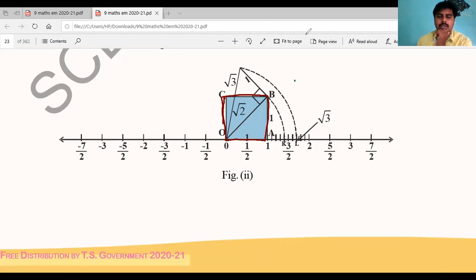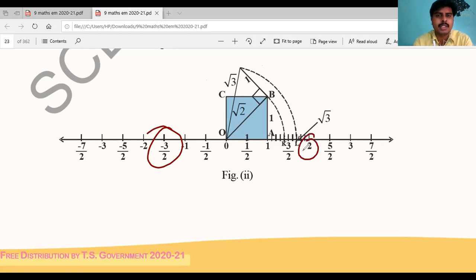Yes, sir. Okay. So the thing is, why are we taking all these things here? Suppose you want to represent 3 by 2 on the number line, simply we can represent that. If you want to represent 2 on the number line, simply you can represent it like this.